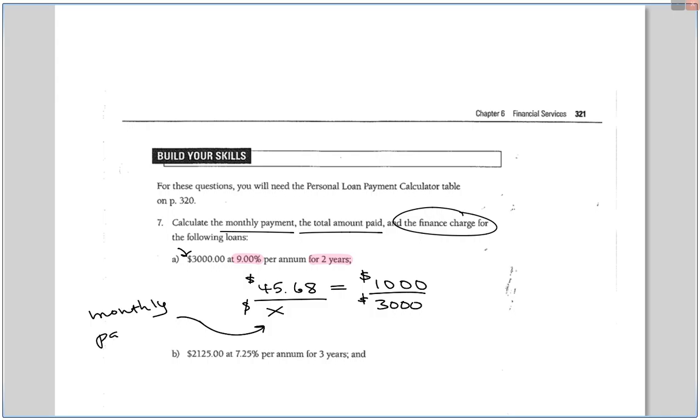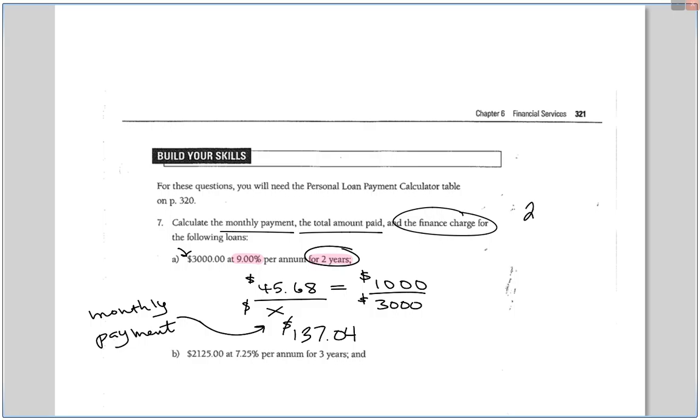Cross multiplying, 45.68 times 3,000 divided by 1,000 is $137.04. So this is the monthly payment you're going to pay for 2 years.